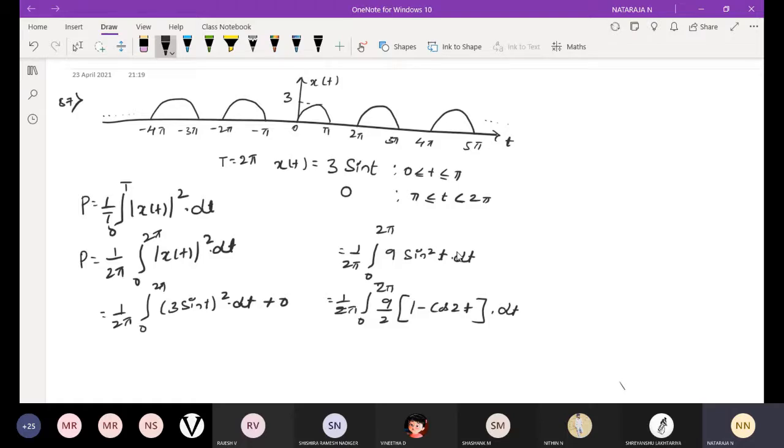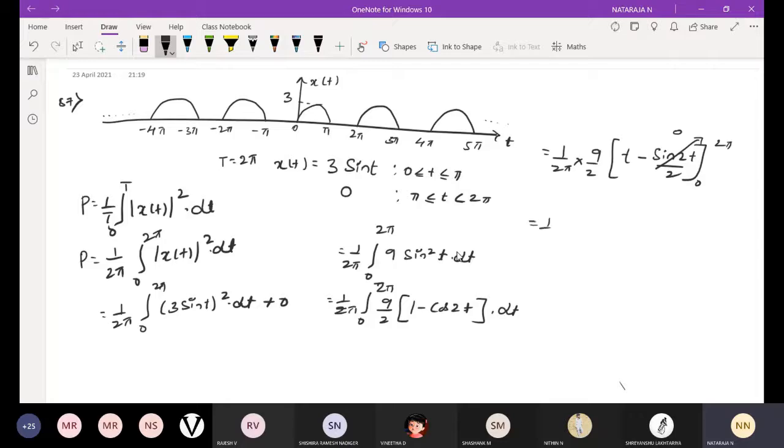Now what you will do? 1 over 2 pi into 9 by 2 into t minus cos 2 theta. Integration of cos 2 theta will be sin 2 theta by 2. Limits from 0 to 2 pi. This sin term becomes 0.